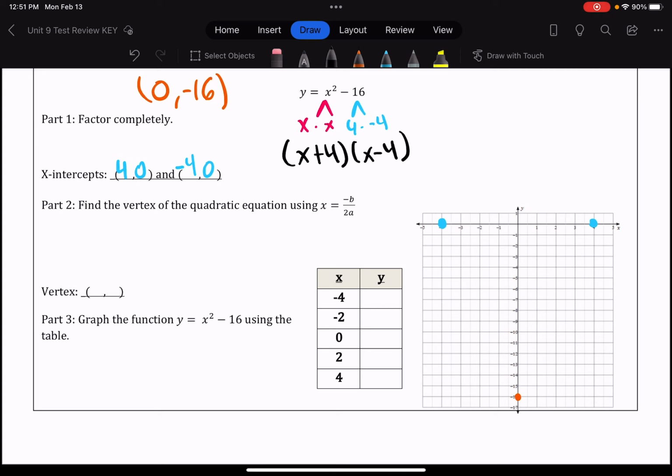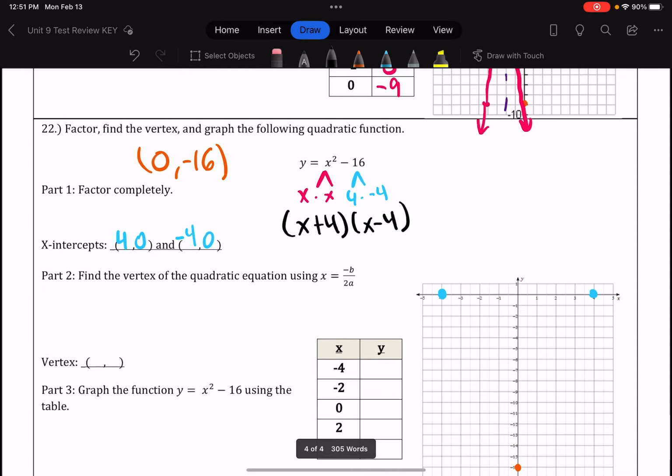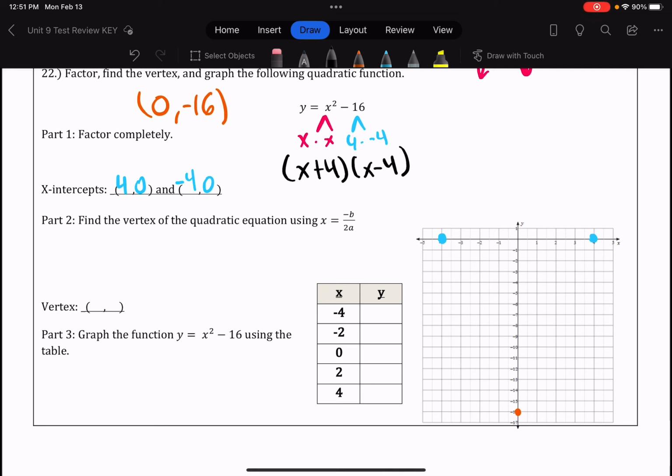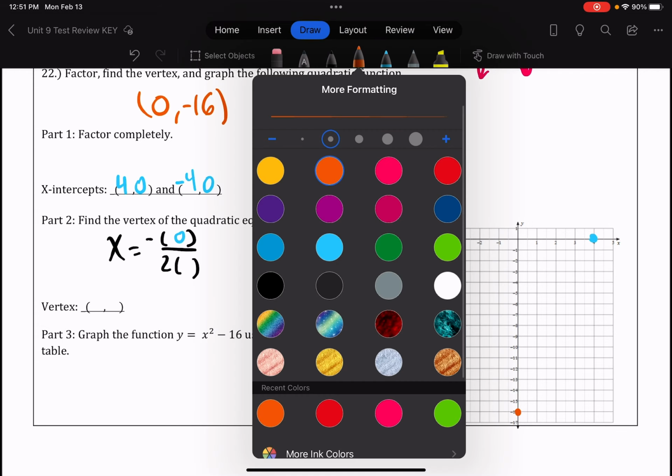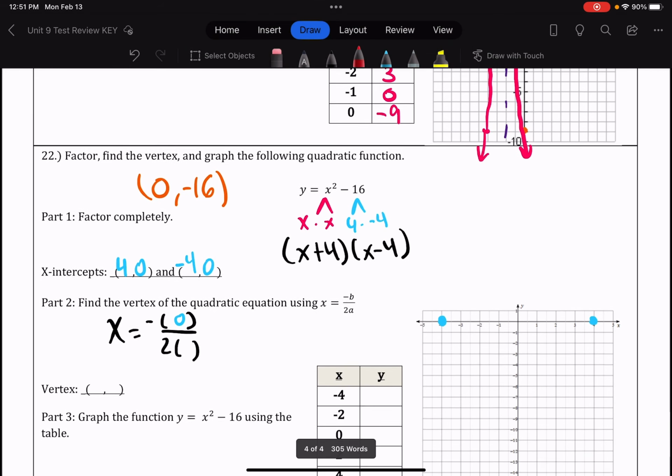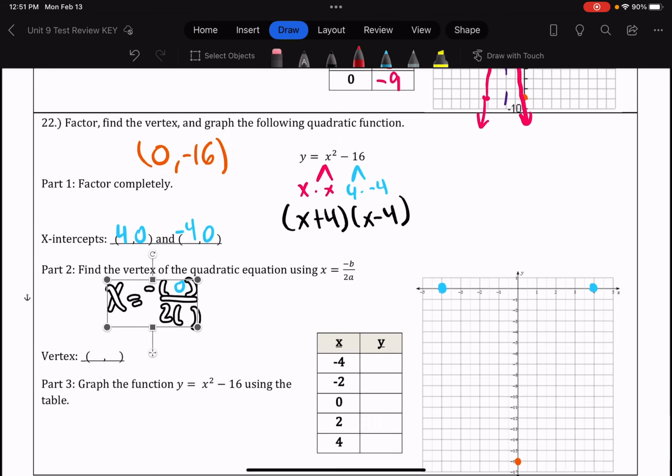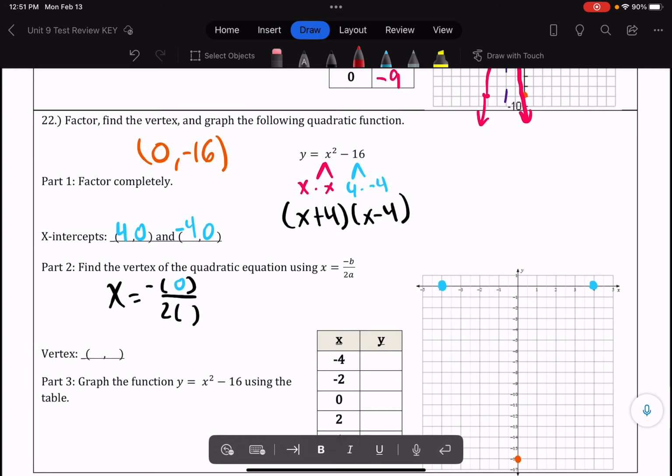And now we can use our axis of symmetry formula. But guys, if you remember, I did teach you a little trick here. When you don't have a b value, your y-intercept should be the same as your vertex, or vice versa, your vertex should be the same as your y-intercept. Well, let's check this. I've got negative b over 2a, where my b value in this case is 0. My a value is 1. So I've now got 0 divided by 2. And 0 divided by 2 is just 0.